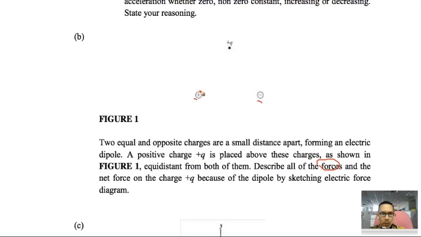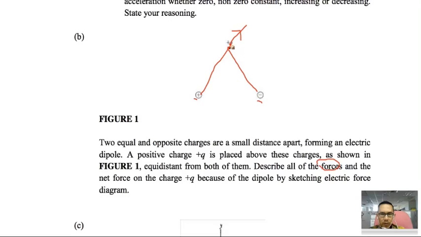So now this is positive and this is positive. Let's say you draw the distance here equal to the distance here. Positive and positive, so the force acting on the positive charge q here is directed outward, because this is repulsive.